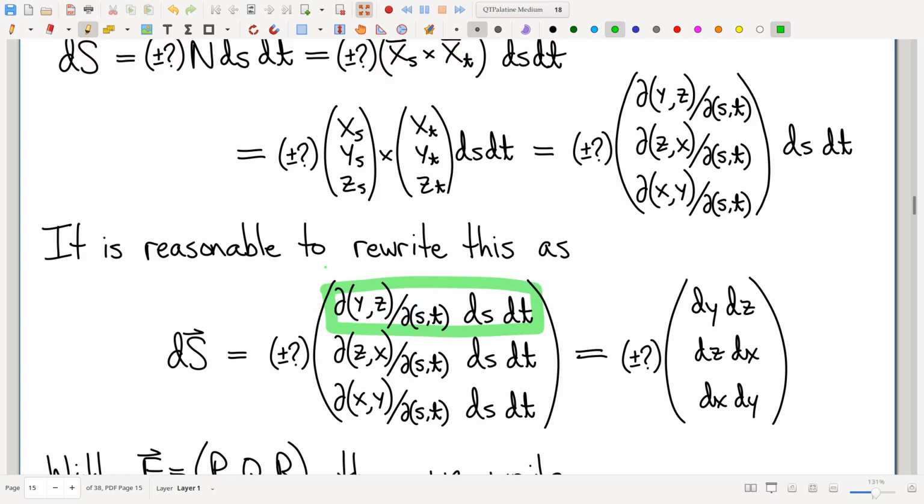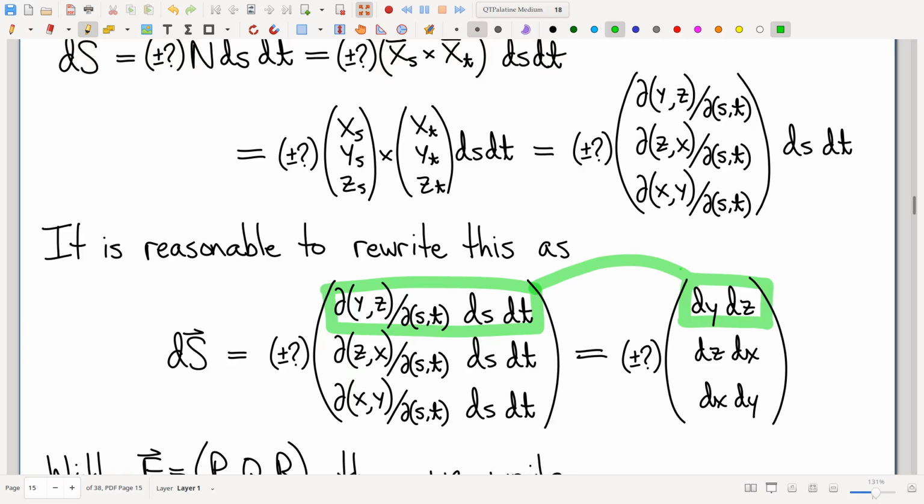The whole reason we like this fraction-like notation in the first place is because when we were doing change of variables, we multiplied by ds dt. It's not actually a cancellation, but it's as if, and it always works, and you always get the right answer. We cross these out, and we call this dy dz.